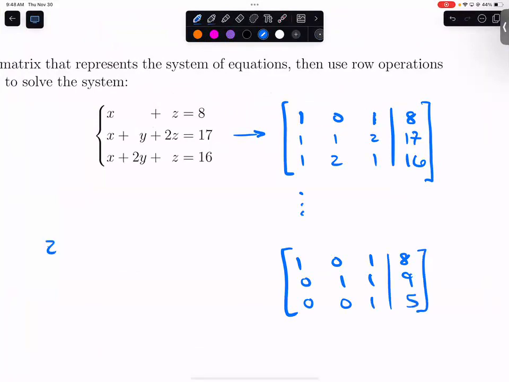So what that says is that z is 5. And then the next row says that y plus z is 9. So y plus 5 is 9. So y is 4.